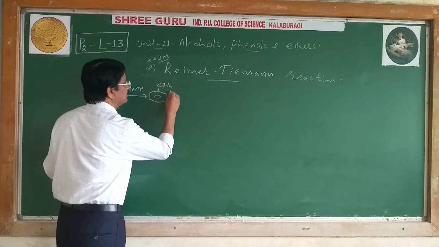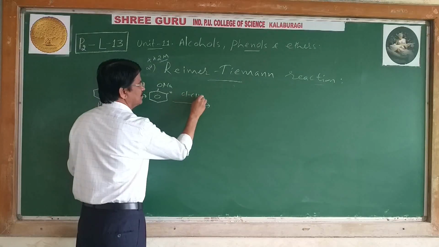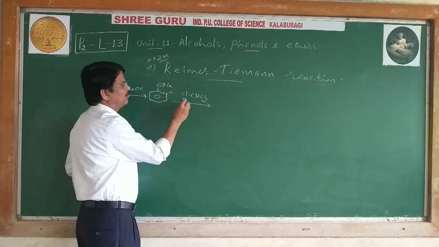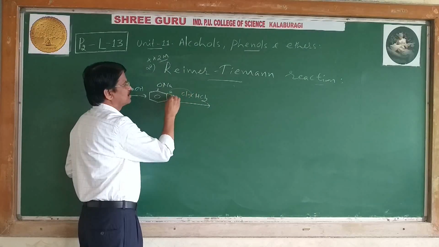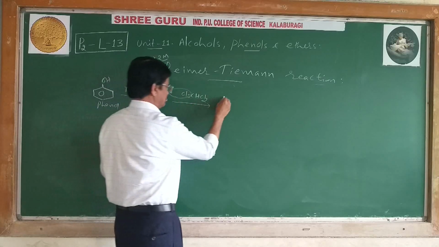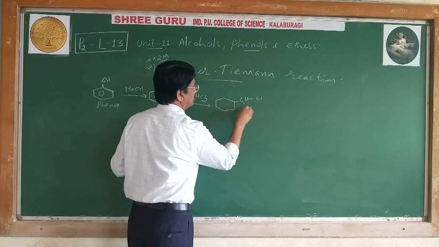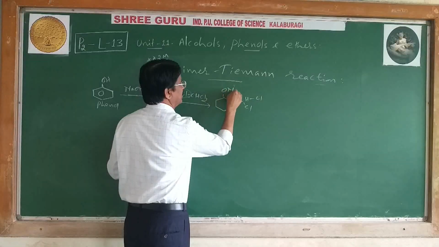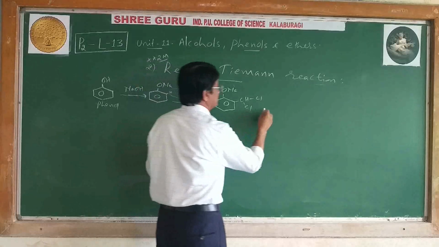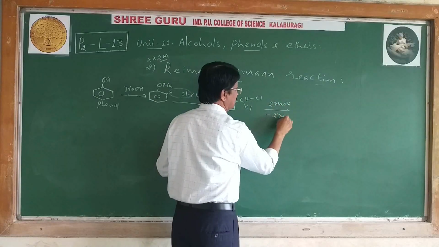This ortho H, CHCl2, this is called chloroform. Cl minus and H plus combine, and CHCl2 goes to C. CHCl2, ONa. Next, 2 moles of sodium hydroxide, minus 2 NaCl.